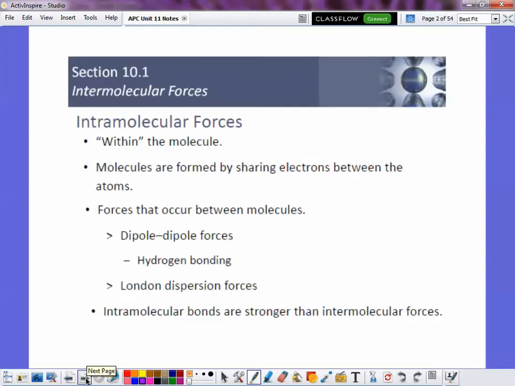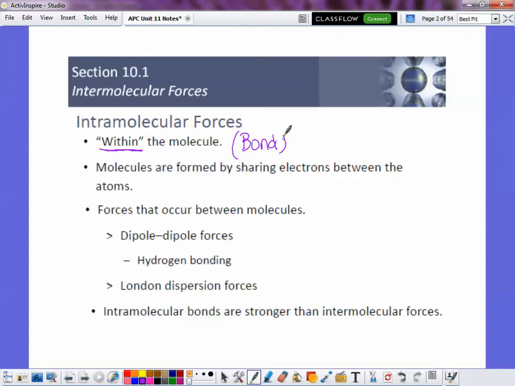Okay? So, just to recall from the stuff you learned in Unit 10, an intramolecular force is a force that is within the molecule, okay? It's a fancy word for bond.